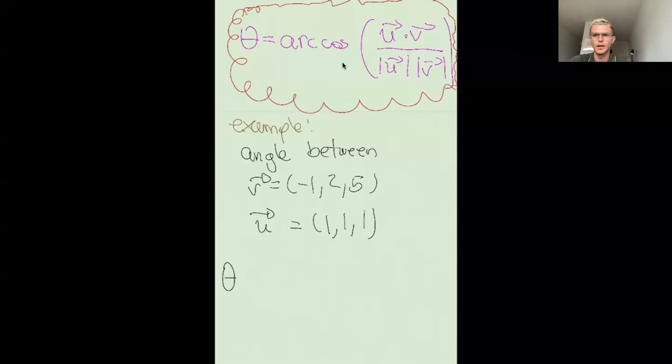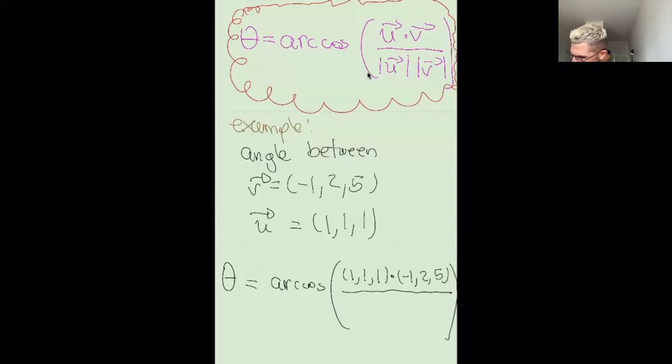So you shouldn't forget it. So it's just the arc cosine of the dot product, which would be the dot product of (1, 1, 1) with (-1, 2, 5), divided by the size of (1, 1, 1) times the size of the vector (-1, 2, 5).